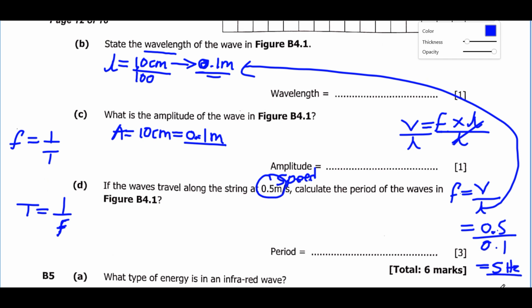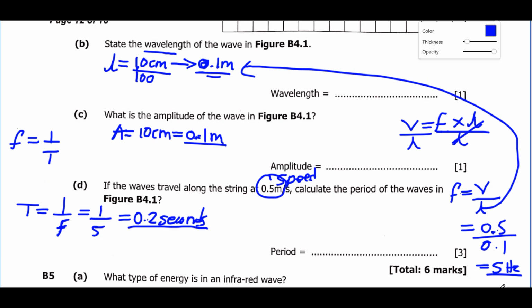So 5 Hz is what I'm going to put here. So we're going to say 1 divided by 5. So 1 divided by 5 gives us 0.2. So 0.2 seconds, which simply means that after every 0.2 seconds, a complete wave was produced, because period is the time taken for one complete wave to be made.